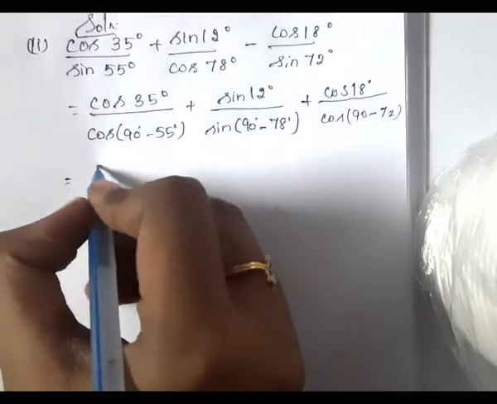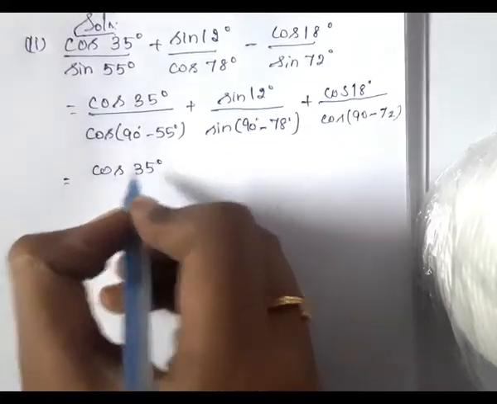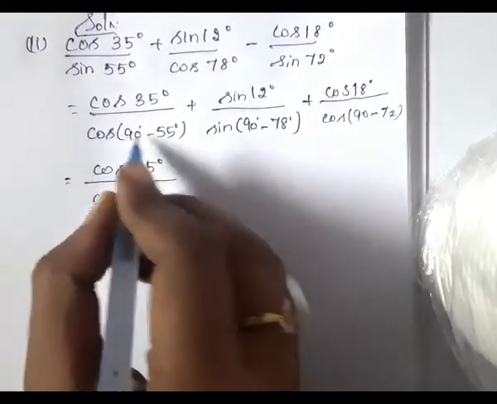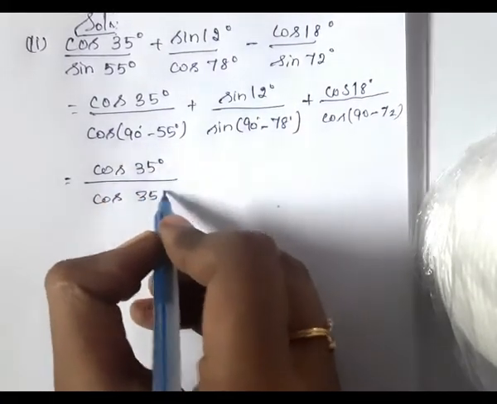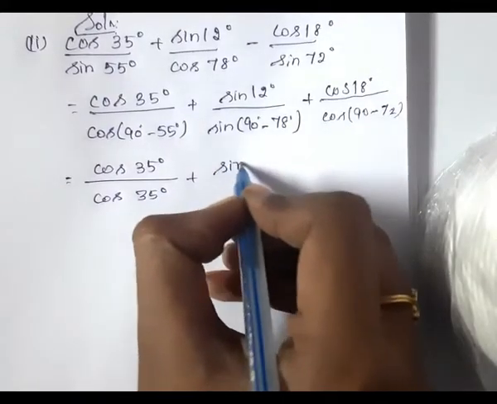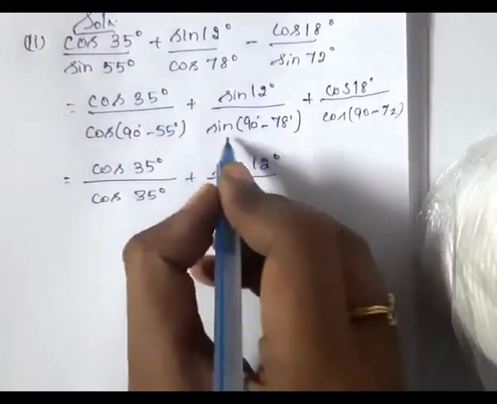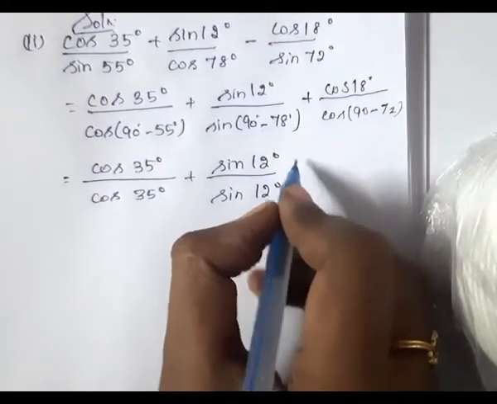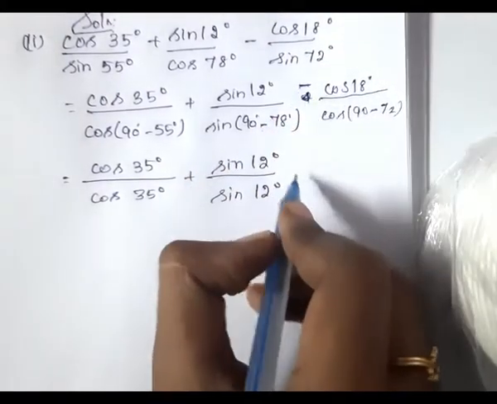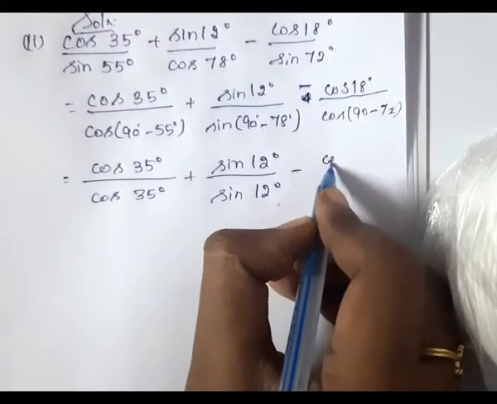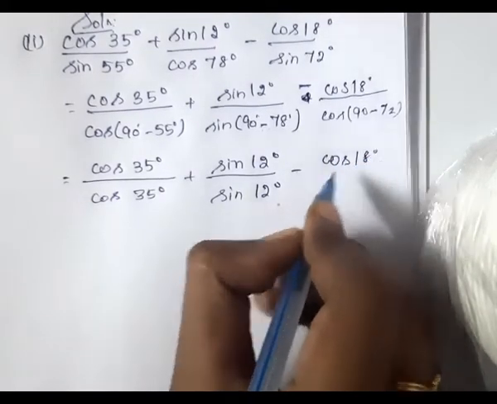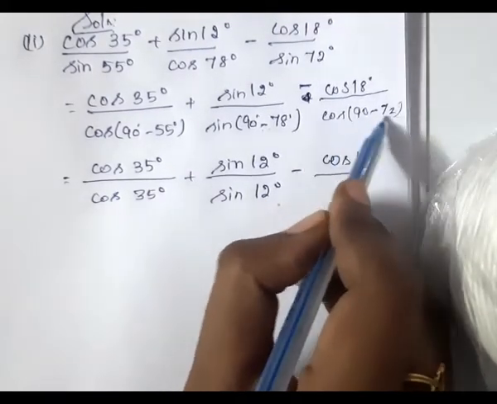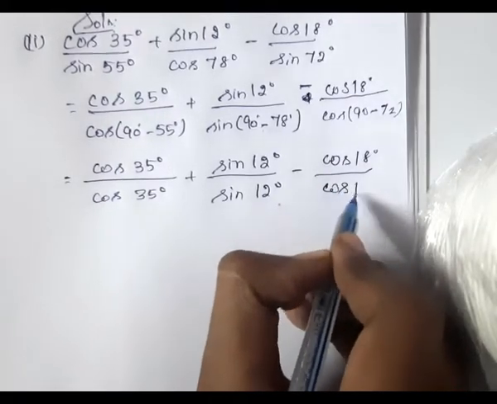Then cos 35 degree by cos 35 degree, plus sin 12 degree by sin 12 degree, here sin is minus, cos 18 degree by cos 18 degree.